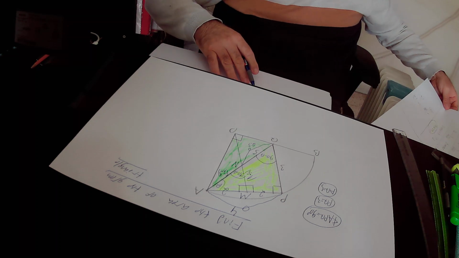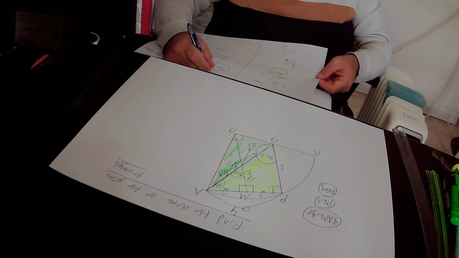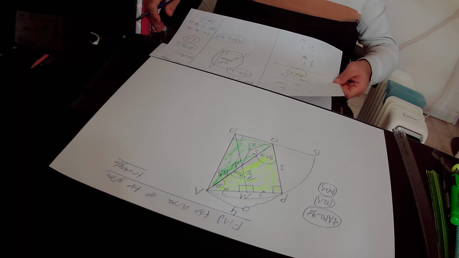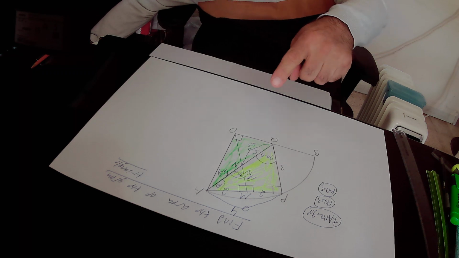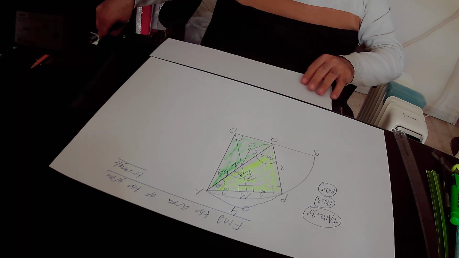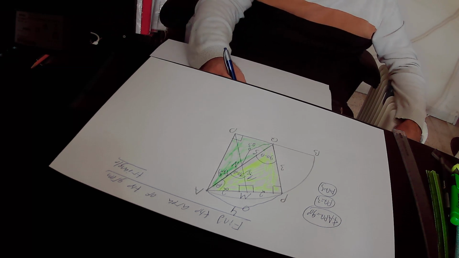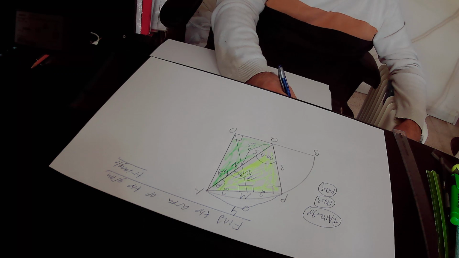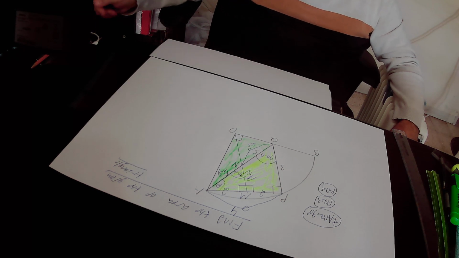So I write it down. Point N, that is the touching point between the two radii, must be the center of the circle. Point N is the center of the circle.